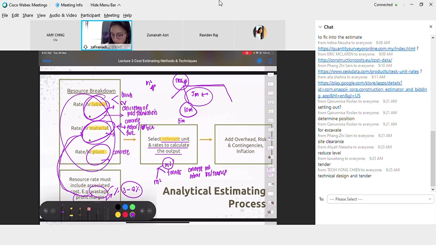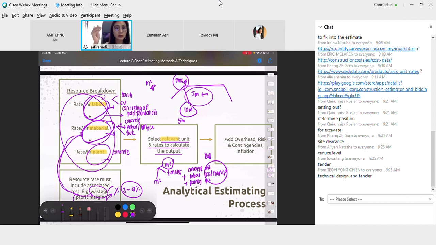Maybe painting kita kira meter square. Unit rate ni depending on dekat dalam BQ apa dia pakai. So you boleh campur. Contohnya concrete meter cube, campur rebar pakai tons, campur painting pakai meter square. Sebab dia dah detail.